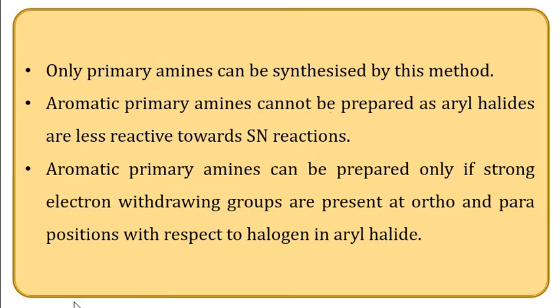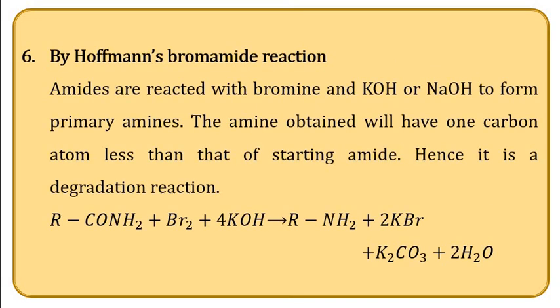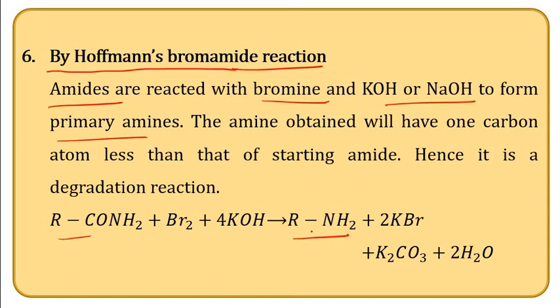Let's move on to the last preparation, the Hofmann bromamide reaction. In this also we start with amides, which are treated with bromine and potassium hydroxide or sodium hydroxide to form primary amines, RNH2. The amine obtained has one carbon less than the starting amide.